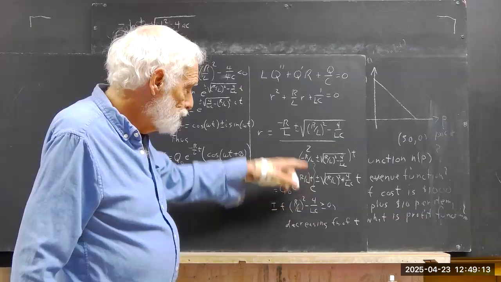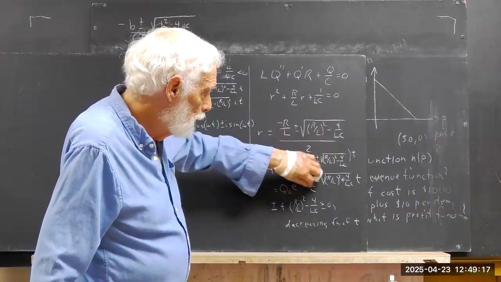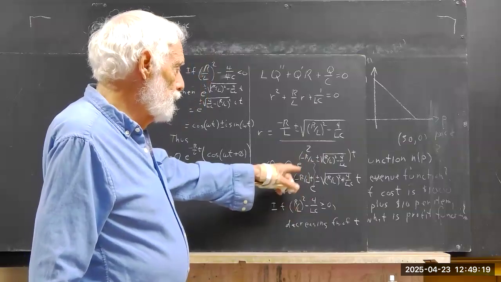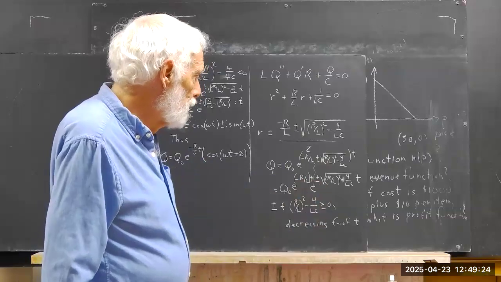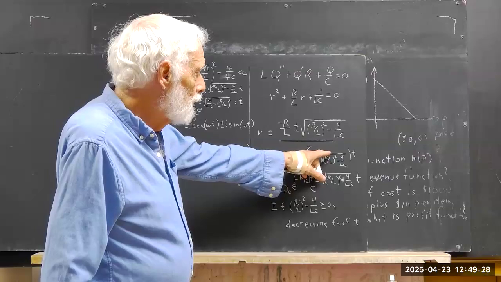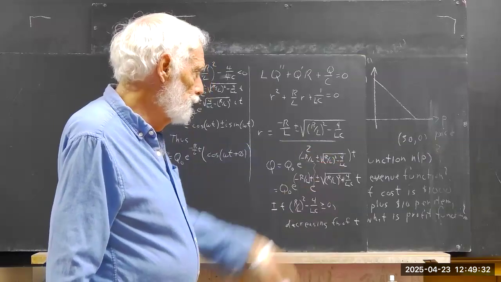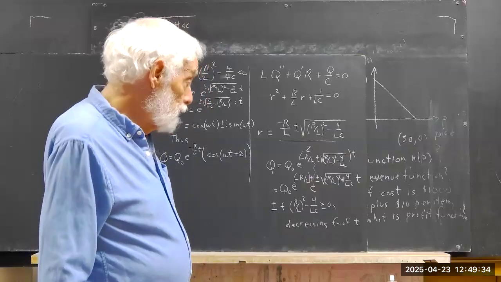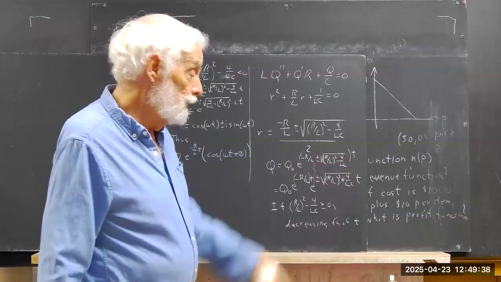Note that if we keep it in this form without breaking it into two parts, in other words, without breaking this down to e to this power and e to this power, the magnitude of the quantity (R over L) squared minus 4 over LC is less than the magnitude that you would get if you didn't have the minus 4 over LC.